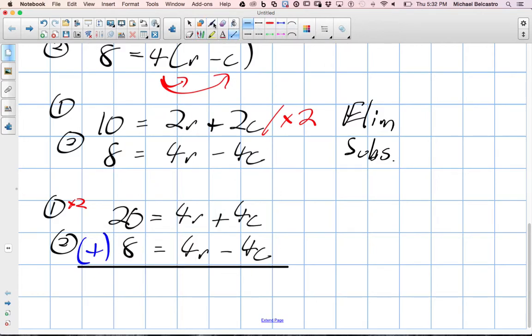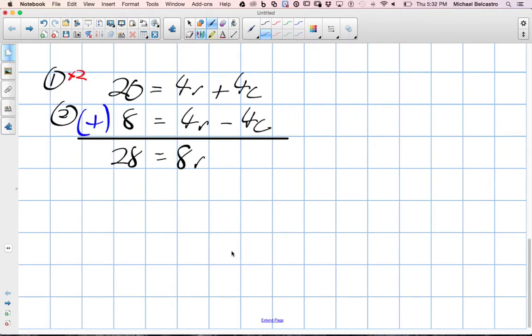So for our first one, what's 20 plus 8? 28, good. 4r plus 4r is 8r. Positive 4c plus negative 4c is 0, it becomes 0c, which means nothing. So now we can isolate for r. How do I isolate for r? Divide by 8.